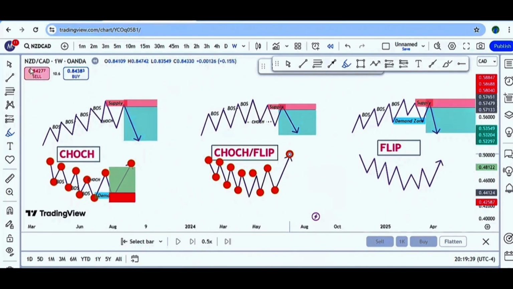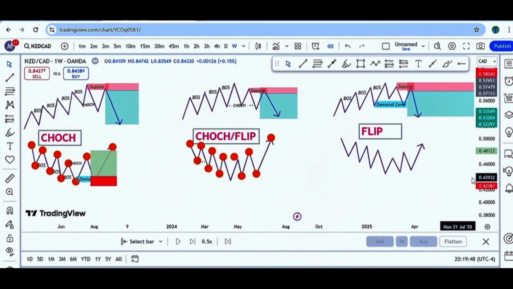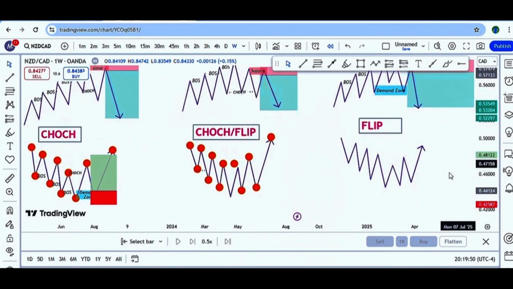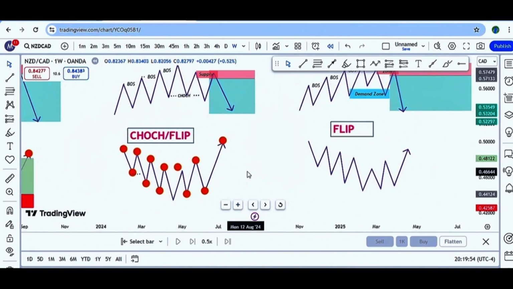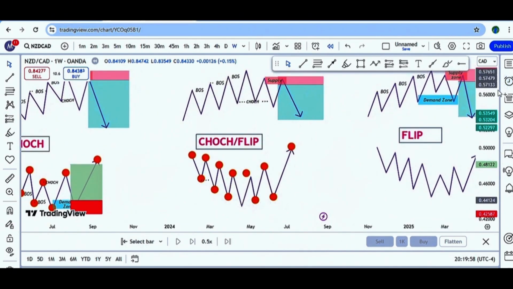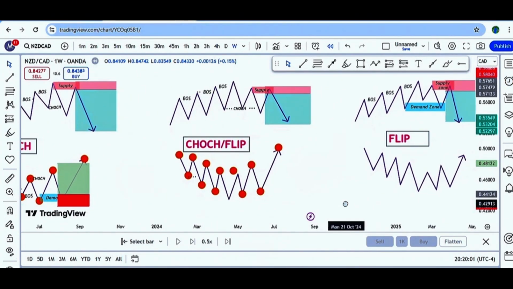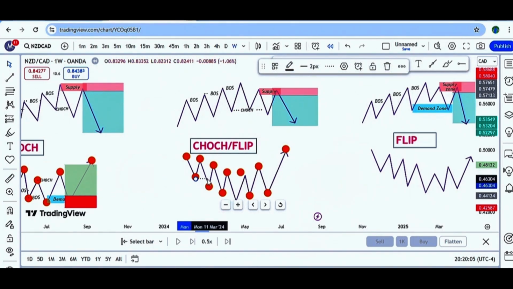You can see price is breaking structure to the downside. Break of structure to the downside. Price is breaking structure to the downside again. We have a break of structure to the downside here.